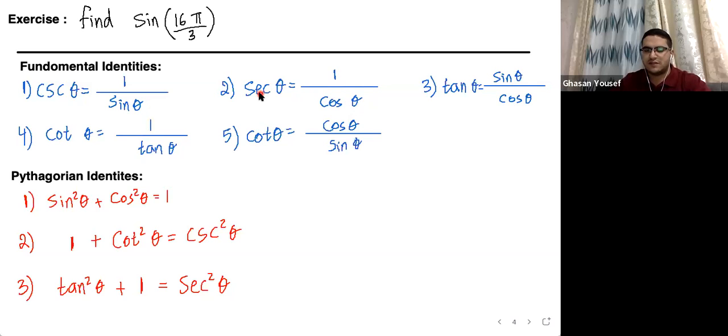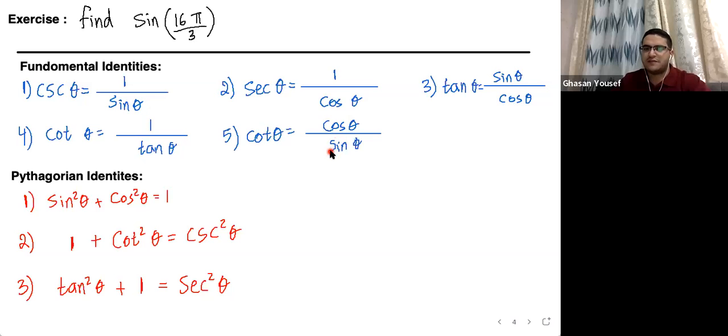The same thing for the tan of theta: sometimes you will use that the tan of theta is sine over cosine. The cotangent of theta is the reciprocal of the tan, 1 over tan, or cosine over sine.